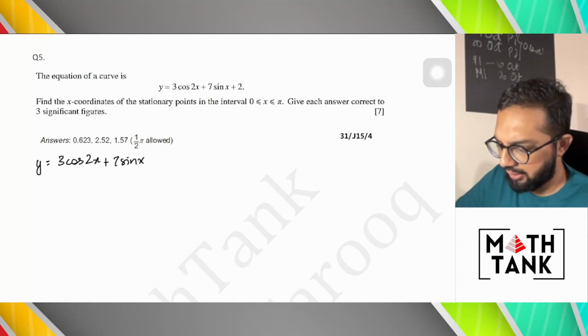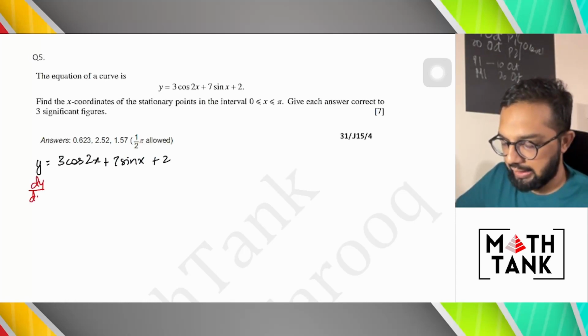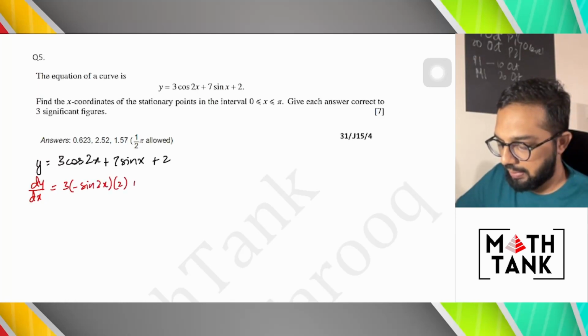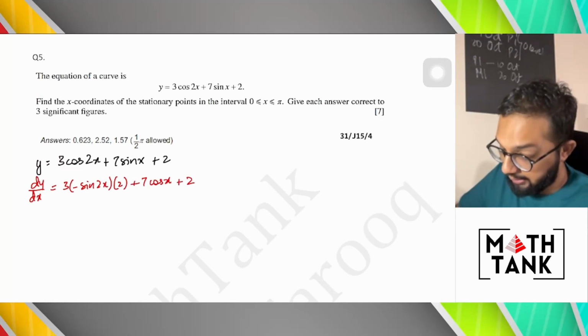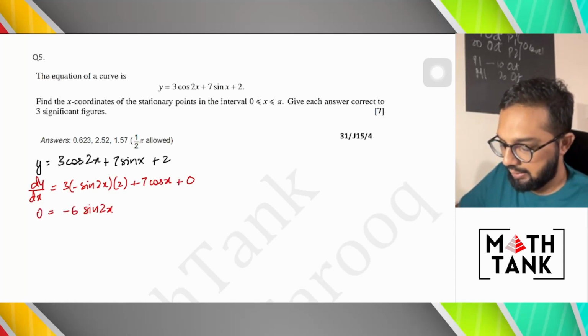Why is it so many marks? dy by dx, the differential of cos is minus sine, so I get 3 minus sine 2x into 2 plus 7 cos x plus 2 plus 0, sorry, plus 0. So 0 minus 6 sine 2x plus 7 cos x.